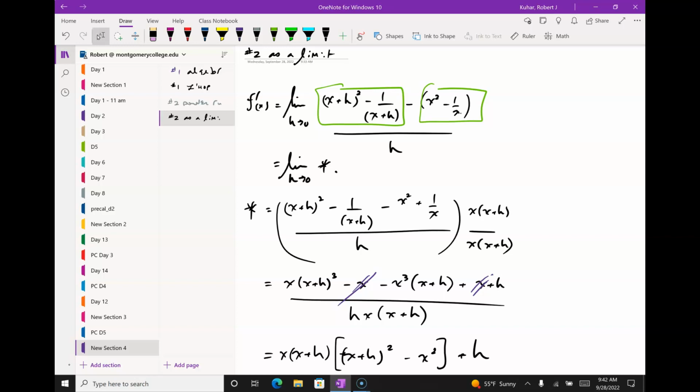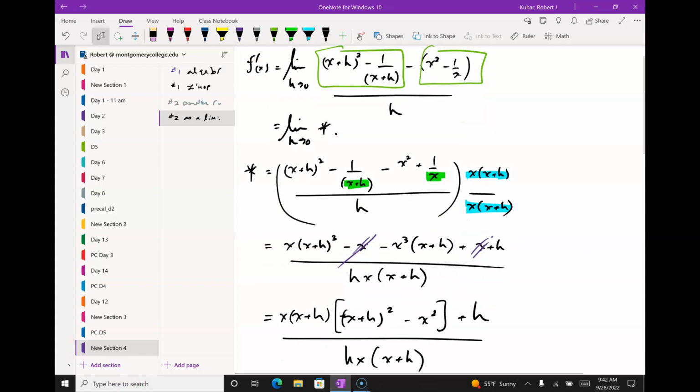So I've got my function here. I try to not do too much. I don't want to expand or distribute if I don't have to. I want to see what I can do without doing that first. But I do notice I have two interior denominators, x and x plus h. So that's what I multiply over itself, to at least clear interior fractions.